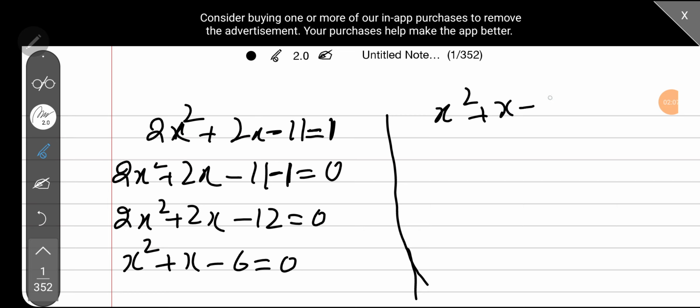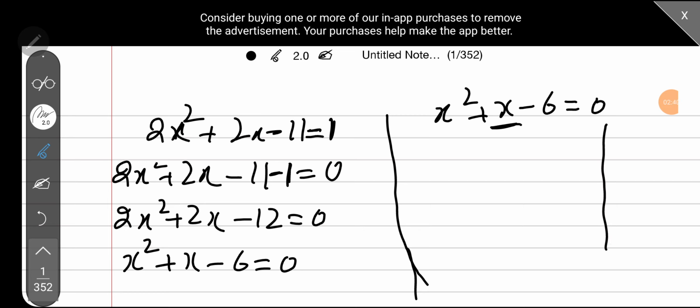In the factorization method, the most important step is this one. We will split the middle term with the addition sign so that the split values will give us x when we add or subtract them, and their multiplication will give us 6x square.